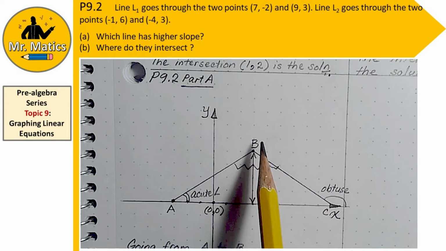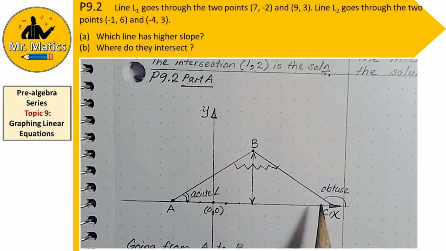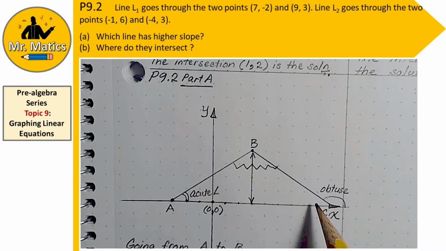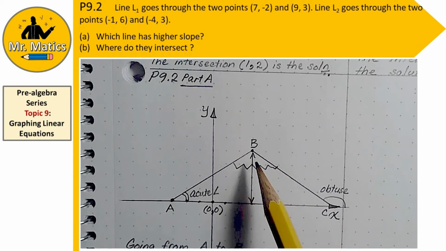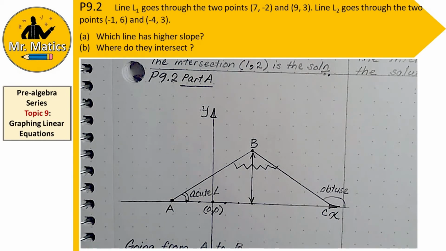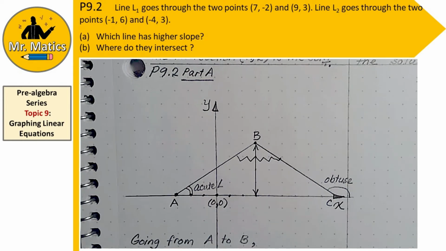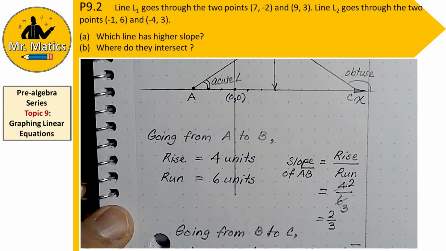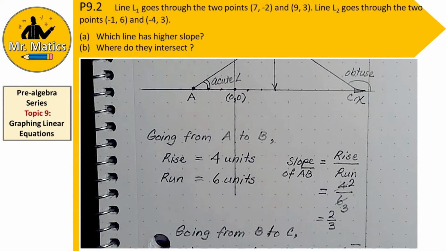This line BC is making an obtuse angle with the positive x-axis. In that case you will have a negative slope because it is actually coming downward. So this is what I would like you to understand a little bit better. Let me unzoom it.